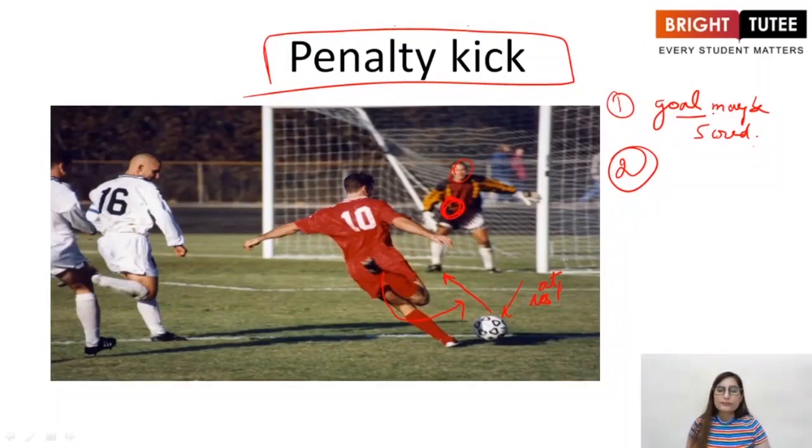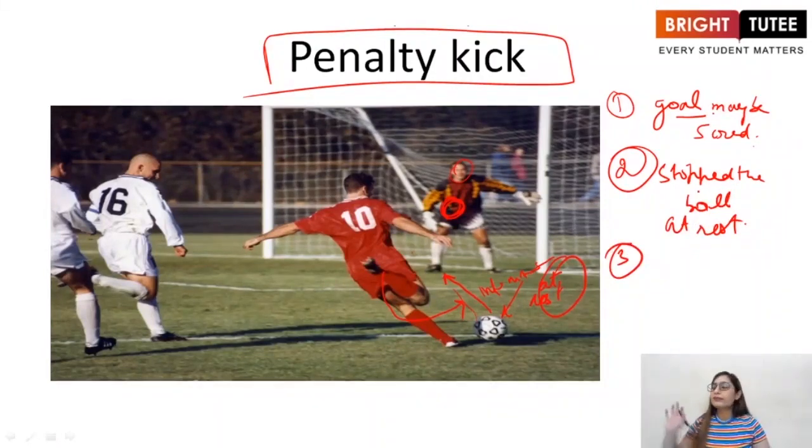So firstly, the ball was at rest, the footballer kicked the ball and it came into motion, right? When the ball reached the goalkeeper, he stopped the ball, right? Again changing its state of motion and bringing it to rest, right? The third case may be that the goalkeeper may deflect the ball.